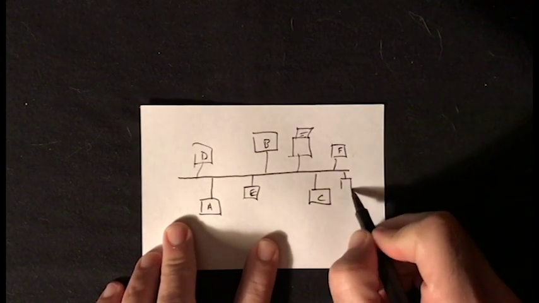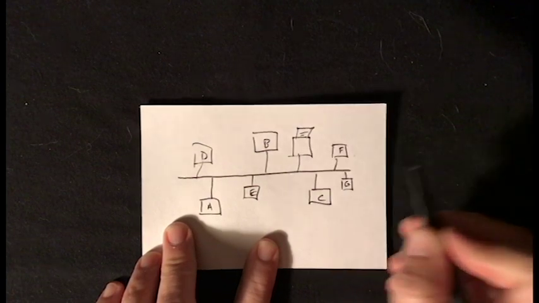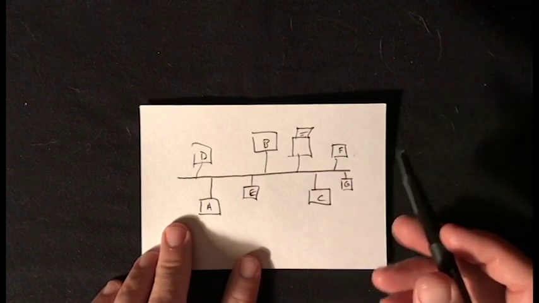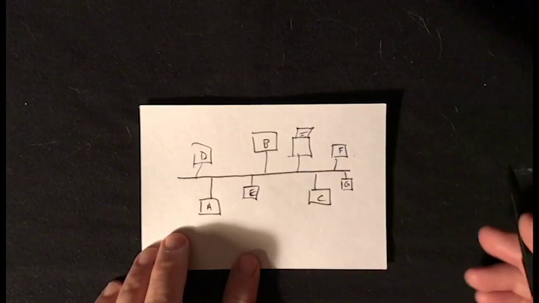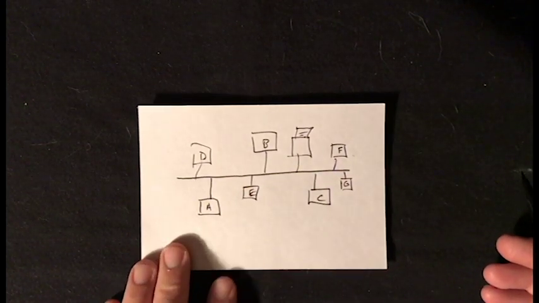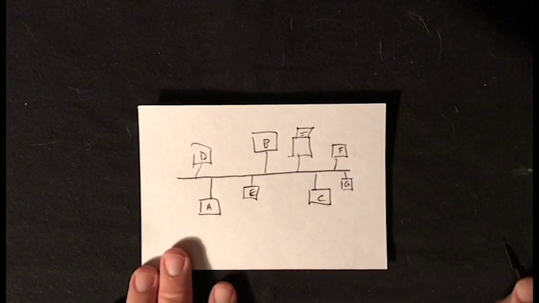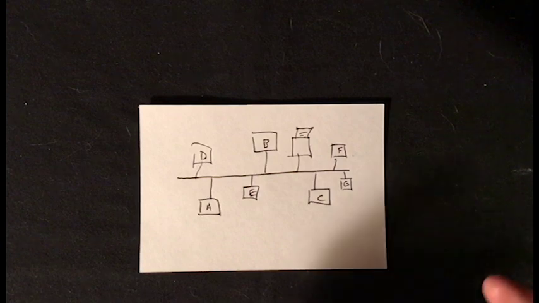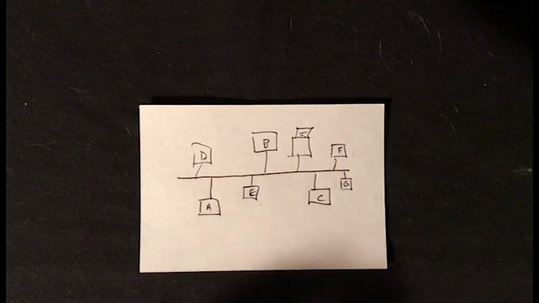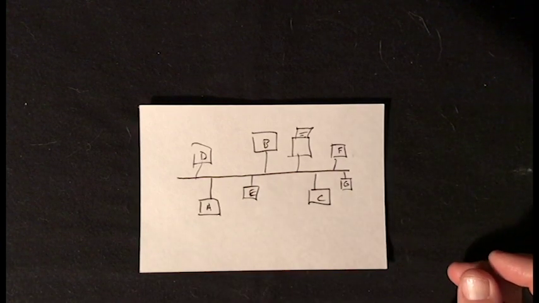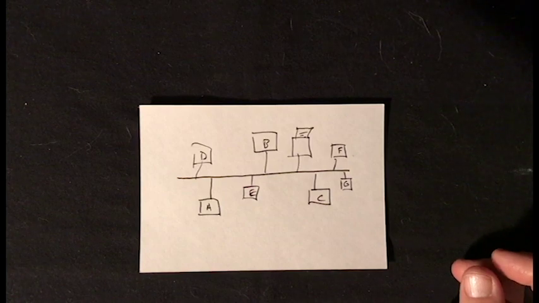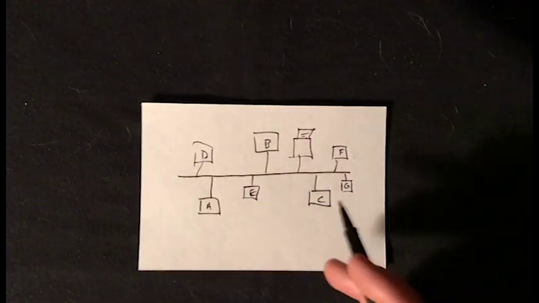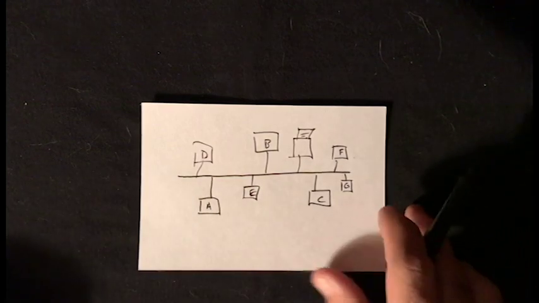F, G. So when there was just a few people on there, it tended to work just fine. But as the network grew and more devices tried to share the same piece of network media, you got too many collisions, and then eventually the whole thing breaks down. So what we figured out is this line is called a segment, okay?